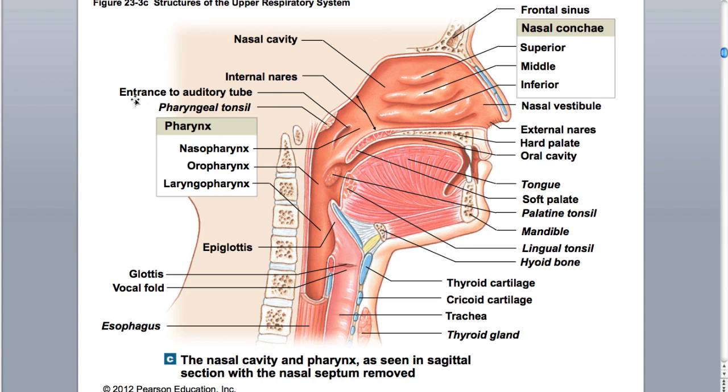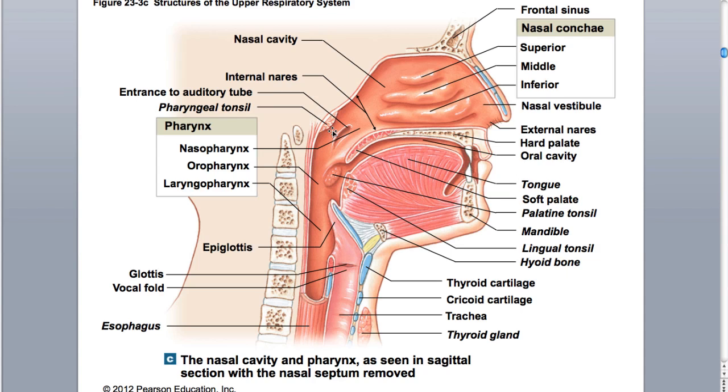Now, look what it says here. Entrance to auditory tube, right there. This is where if you eat something, or if you have a lot of mucus in your nose from a cold, it can actually go up this auditory tube.